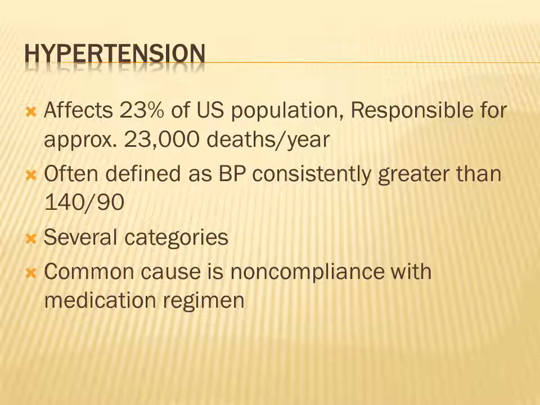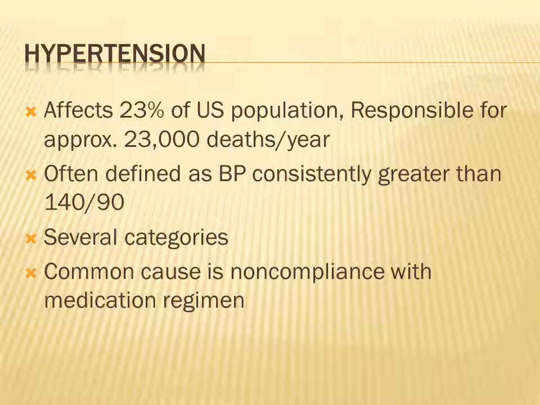Hypertension is something that we deal with very heavily in the United States. 23% of our population is diagnosed with hypertension, and I'm sure there's another significant portion that's undiagnosed. It's responsible for approximately 23,000 deaths a year. Now, about 6 years ago, that was 13,000 deaths.